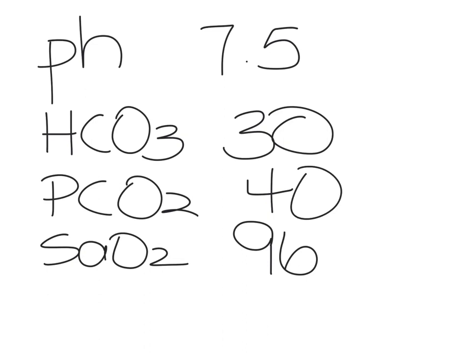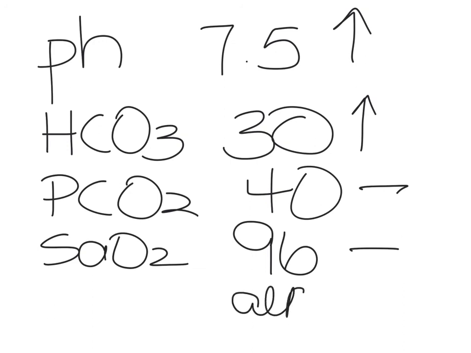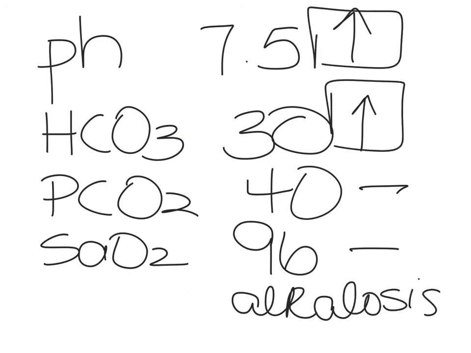So pH is elevated. Bicarb elevated. PCO2 normal. SaO2 normal. So what's our primary disturbance? We know we have an alkalosis, right? Our arrows are going the same direction. And the bicarb is the metabolic component.